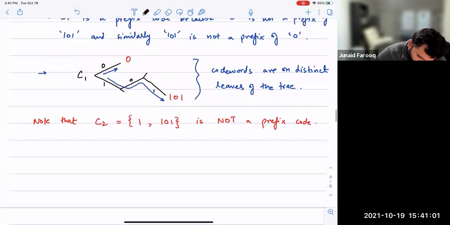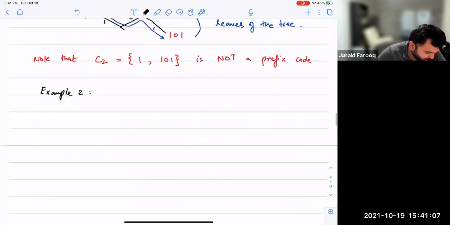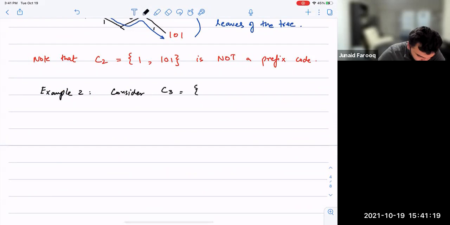So example 2 here is a longer code, so consider C3, and it has 4 code words: 0, 10, 110, and 111.